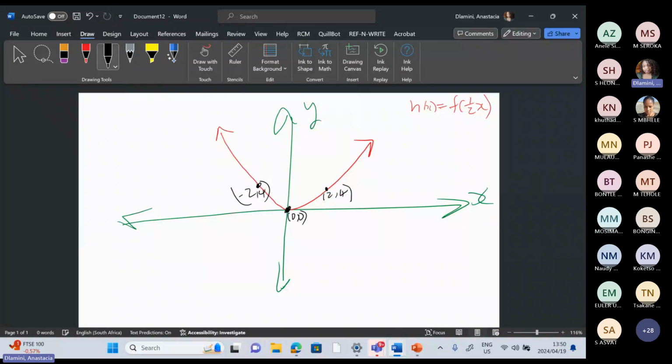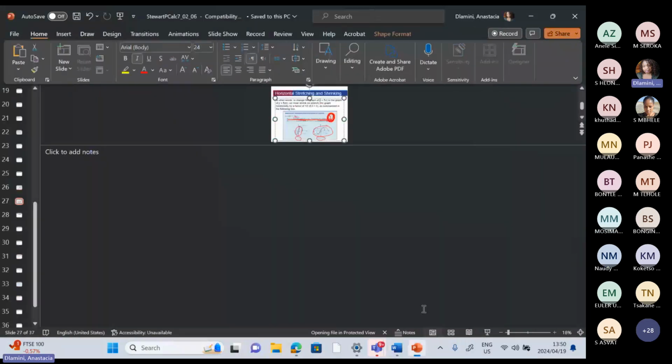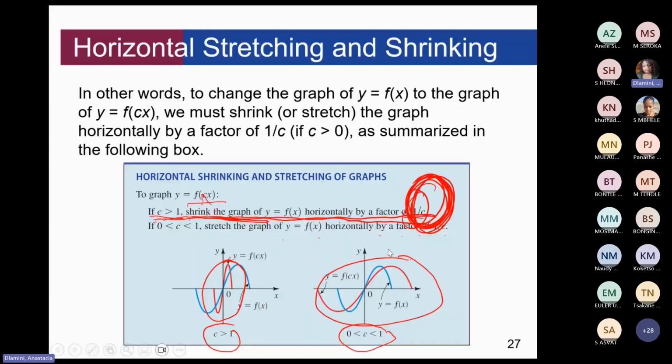So let's go to our notes. It says that if c is between 0 and 1, you stretch the graph of f of x horizontally by 1 over c. So this is 1 over c, guys. Are we together?